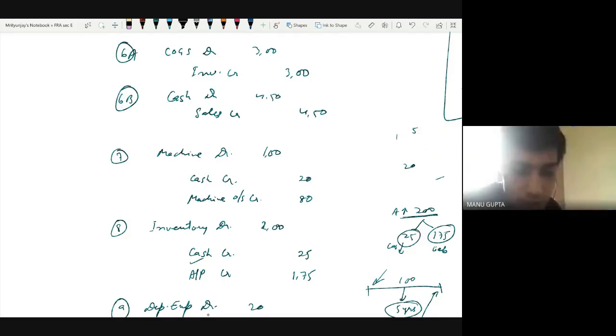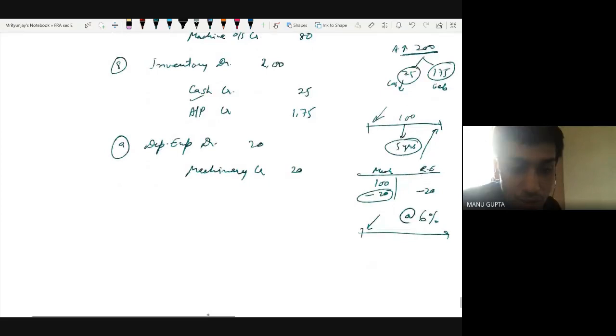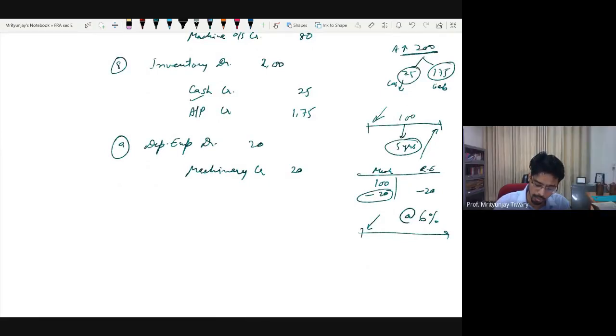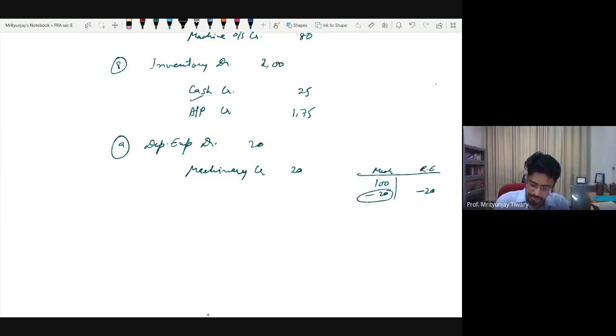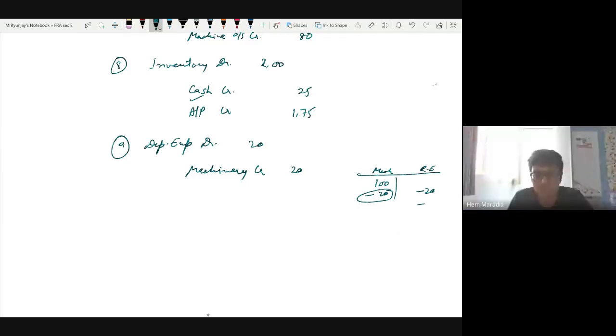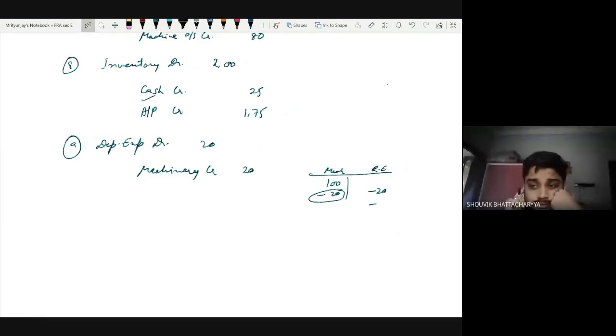Yeah. We need to deduct it because it was used to carry out our business. So at the end of the year, we need to deduct it as an expense. Okay. If I was doing it in the accounting equation, what would I have done? We need to decrease the retained earnings, and we need to create a liability also.